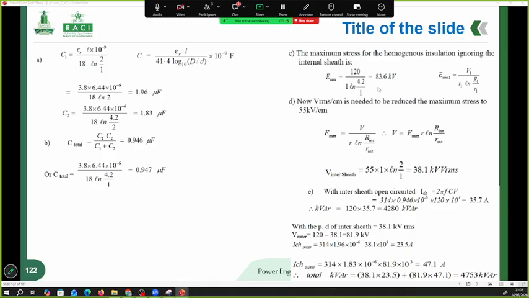In part D, the design requirement is introduced. The maximum electric stress must be reduced to a safer value of 55 kilovolt per centimeter. To achieve this, the voltage is recalculated using the same fundamental relationship between the electric stress, applied voltage, and cable dimensions.